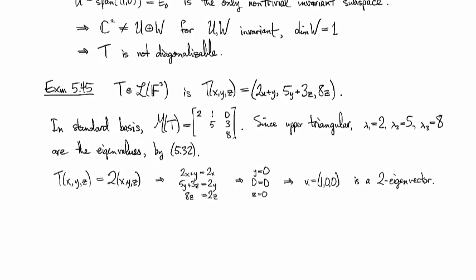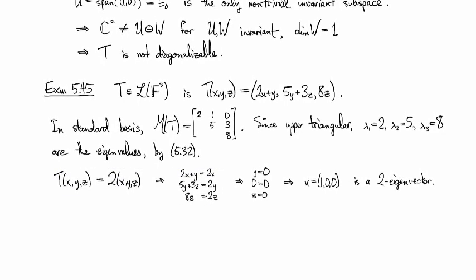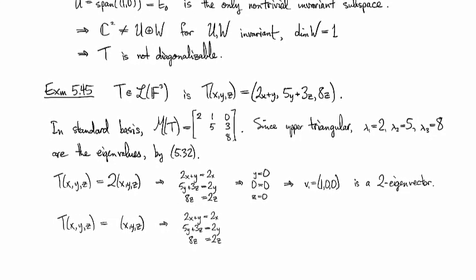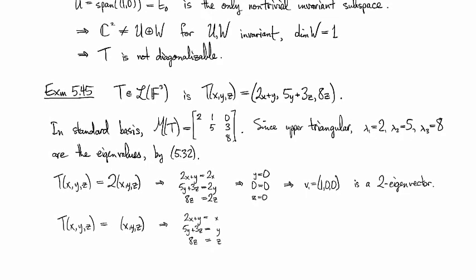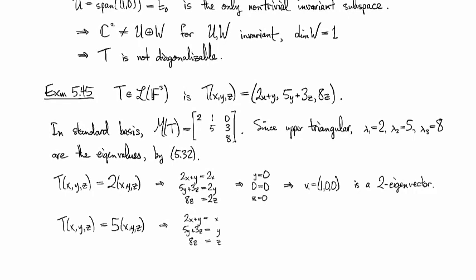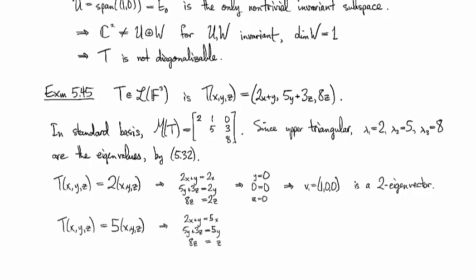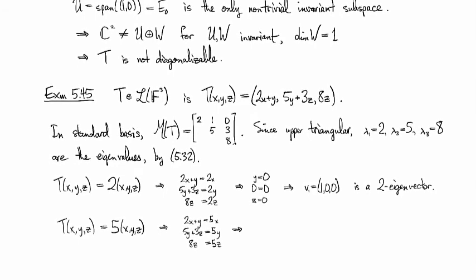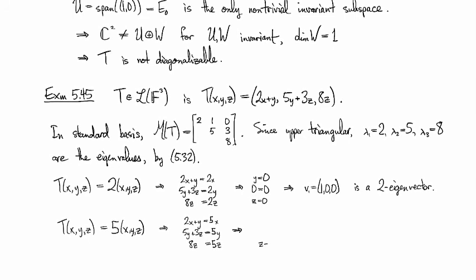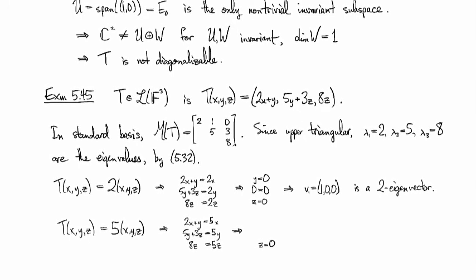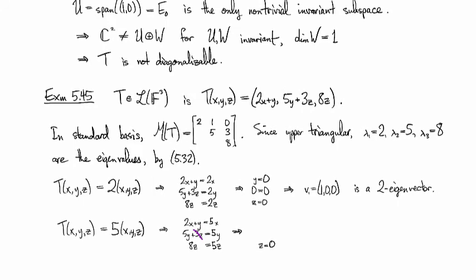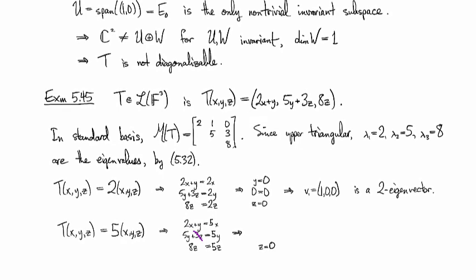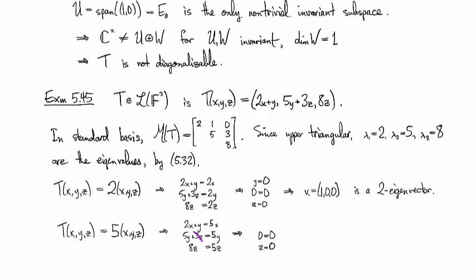Now if we take the same thing, but this time we're looking for an eigenvector for 5, then on the right side we have 5s all the way down. Again, the last one tells us that z has to equal 0. Then we can cancel that middle part, subtracting 5y from both sides, so 0 equals 0, and that one was useless.